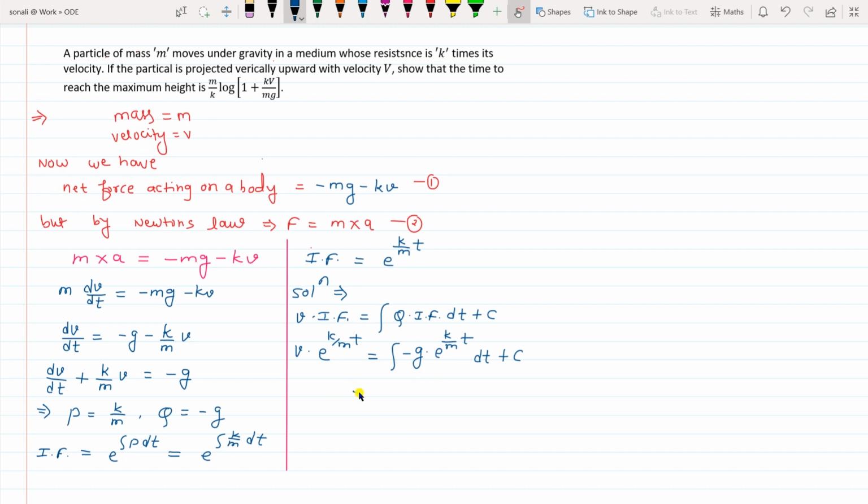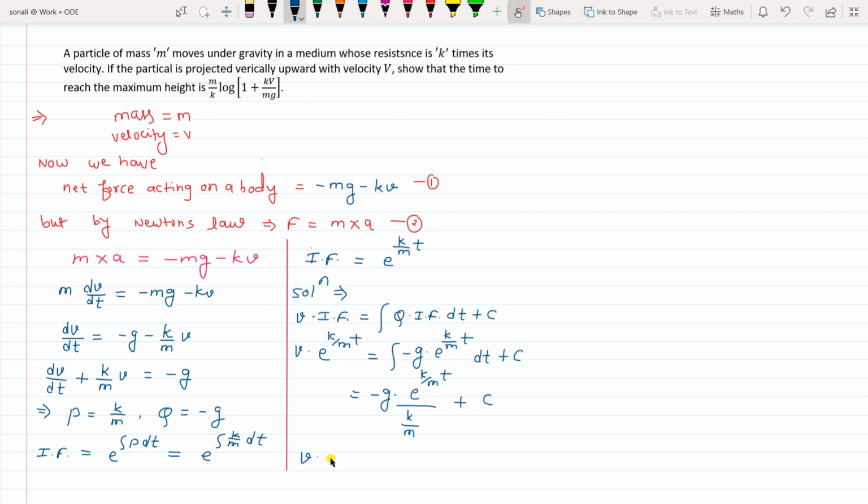On integration, minus g is constant, keep it outside. Integration of the exponential term is as it is, and divide by the constant term k upon m, plus c. So this is our integration.